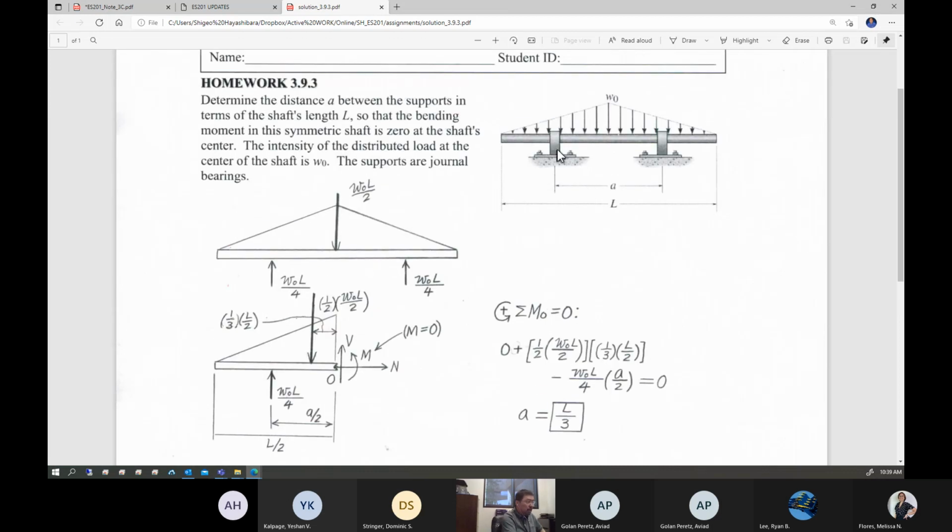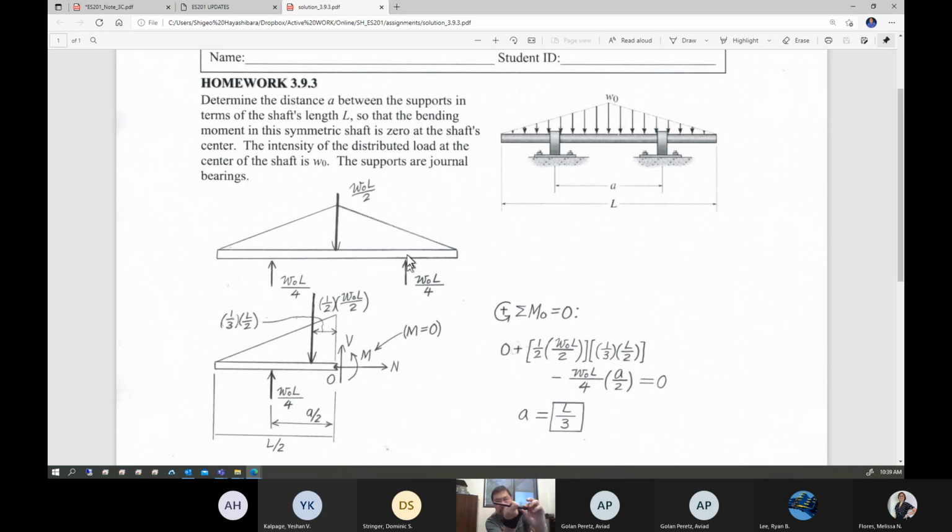First of all, the support reactions at those two general bearings. Let's assume the general bearings can only have a y direction support reaction. Did I say it's going to support the moment? I hope I did, because this is a general bearing.